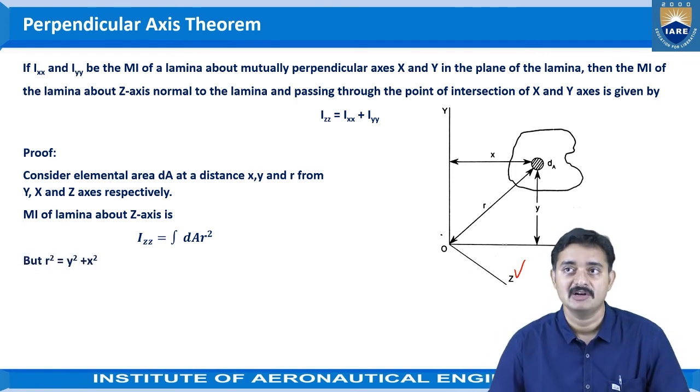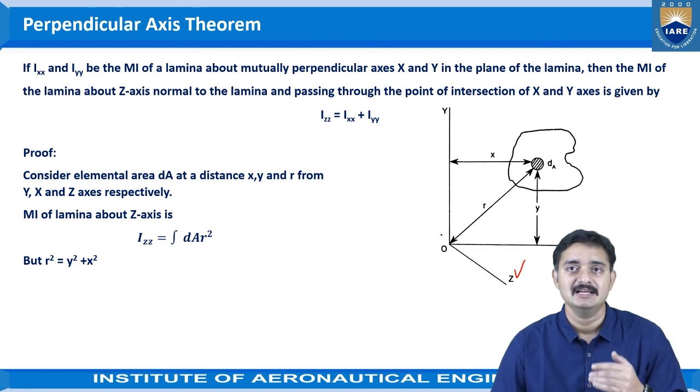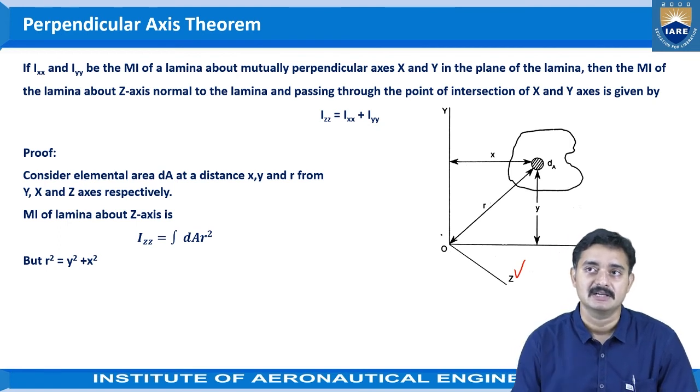But we can form a right angle triangle from x, y and r, and according to the Pythagoras theorem, considering these three, this is y, this is r, and this is x.